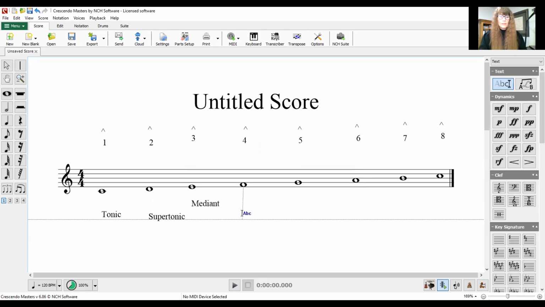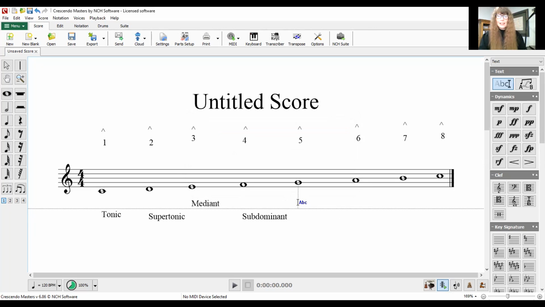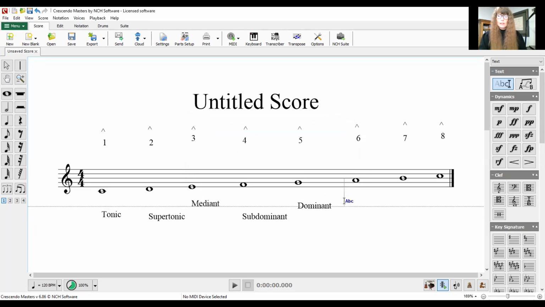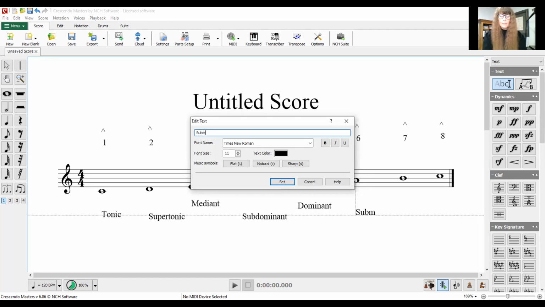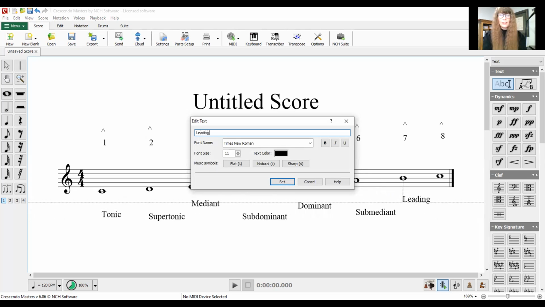The fourth note of the scale is called the subdominant, spelling, subdominant. The fifth note of the scale is our dominant note. The sixth note, I'll put it down here, is the submediant. The seventh note is called our leading tone.